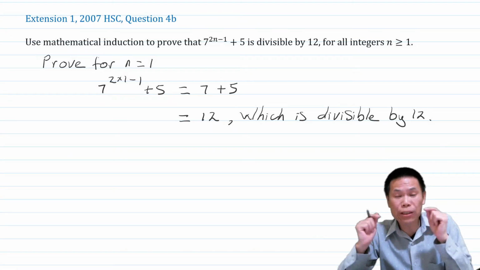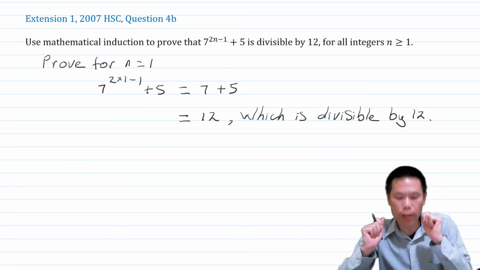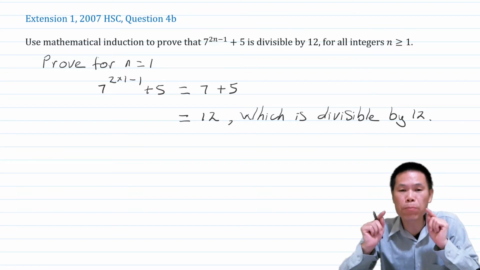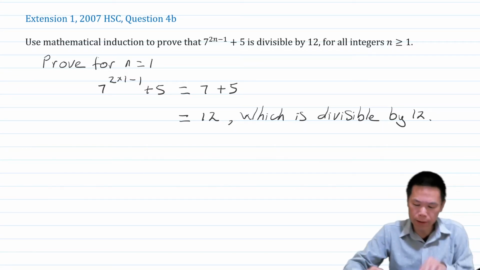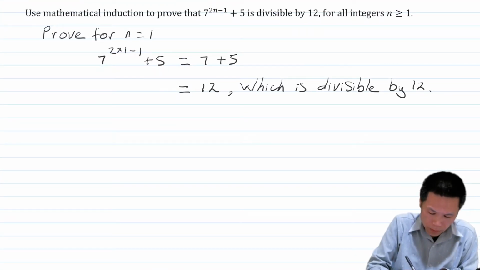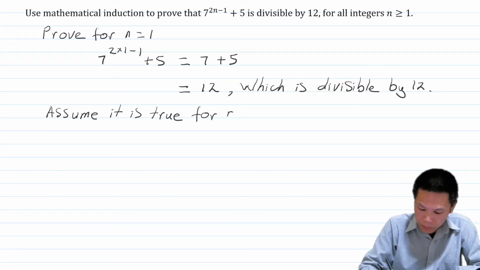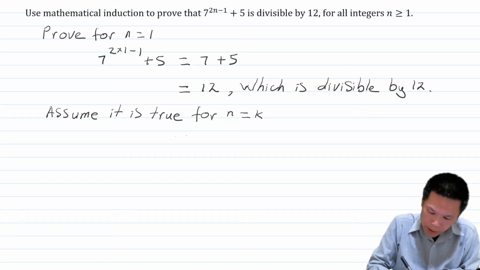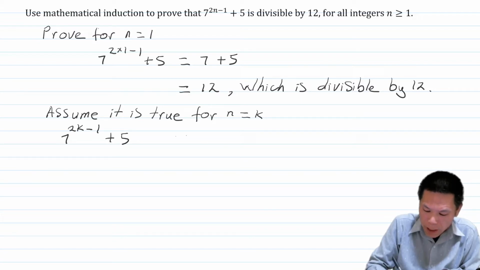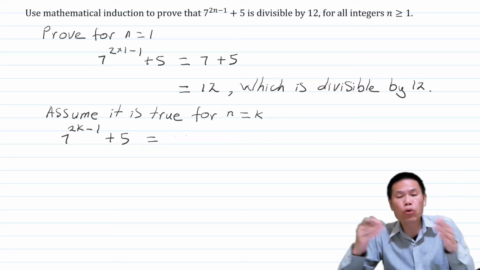So now we assume that it is true for n equal k. So that means we replace n with k. So that is 7 to the power of 2k minus 1, plus 5, is equal to a multiple of 12.